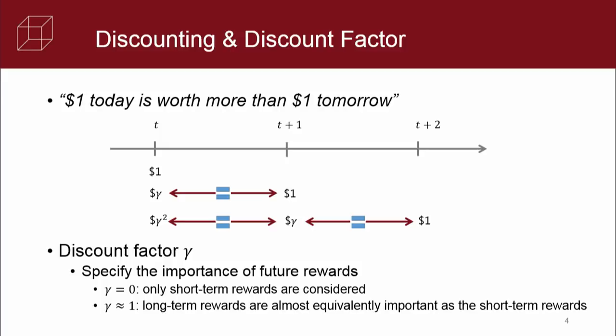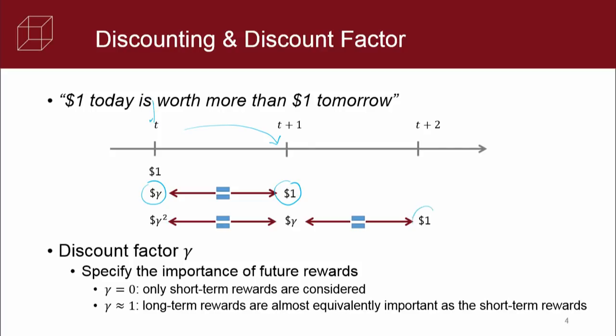So $1 in 1 period in the future is equivalent to the value of gamma today at time t.